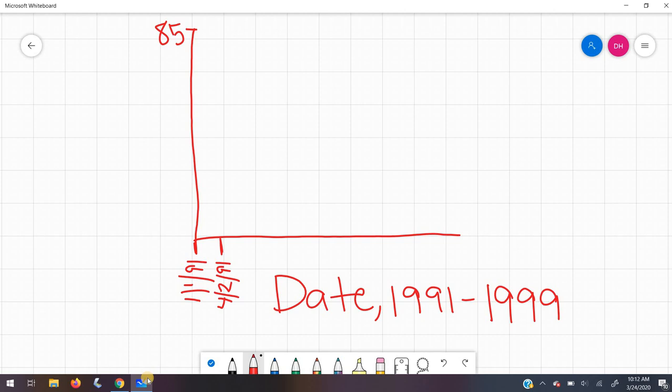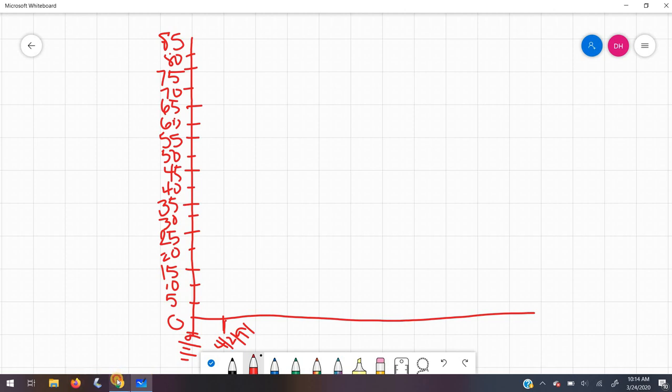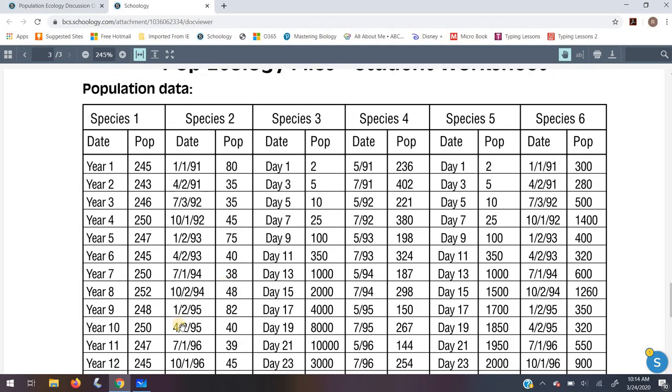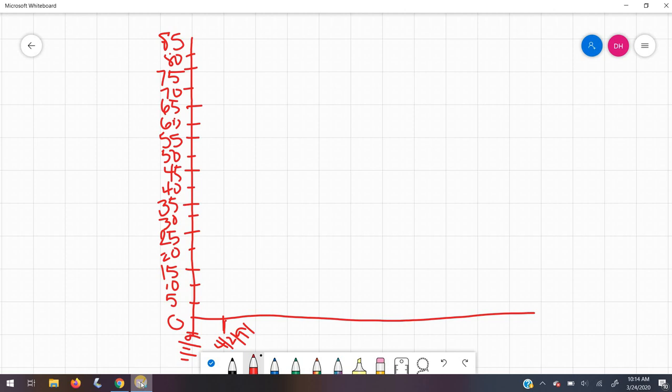So then I think the best way to go through it would be to count by fives. Our populations were 80 and 35. So at the beginning we had 80, then the next month we had 35.